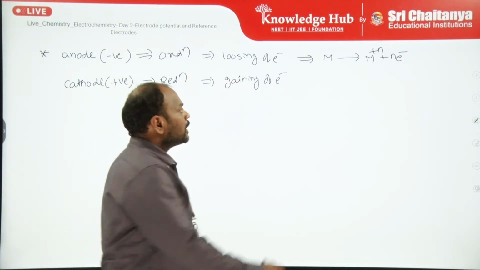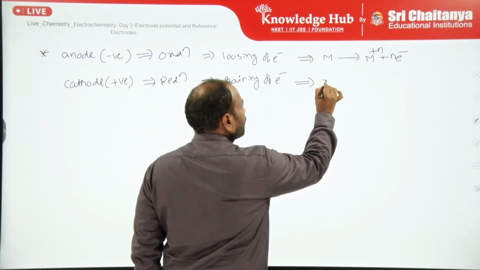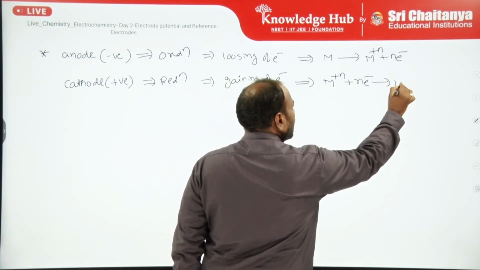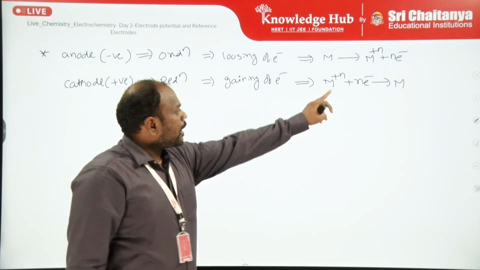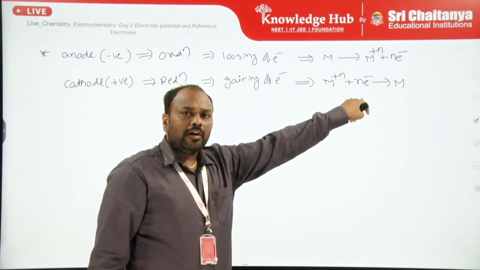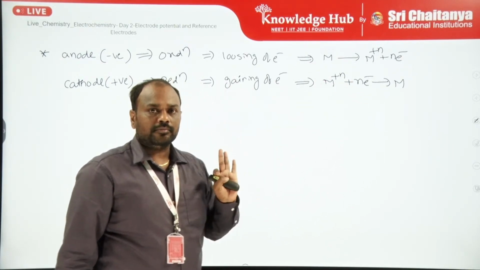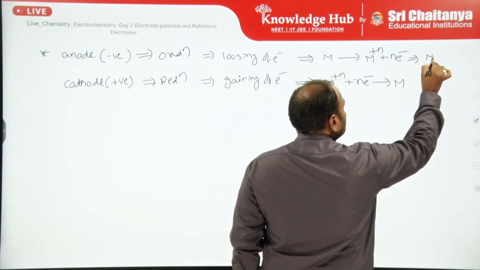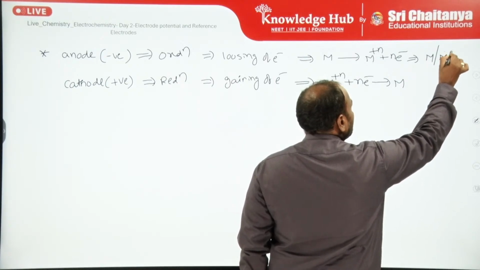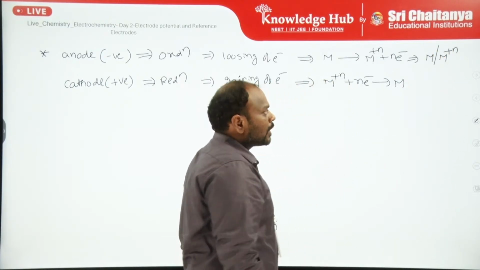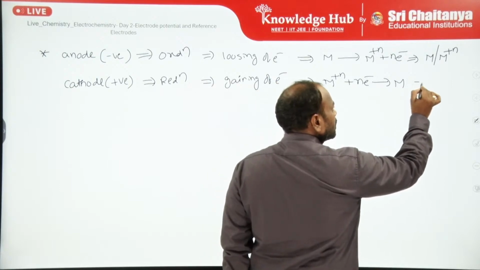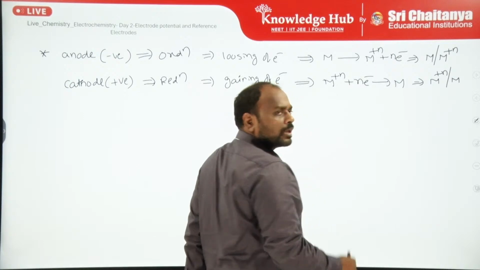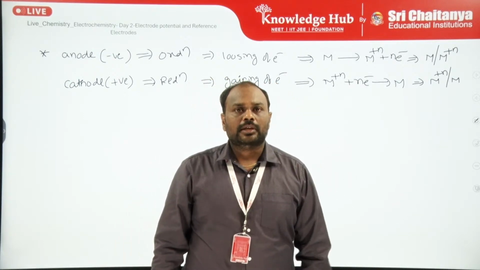Oxidation reaction. Next, reduction means M^n+ gains the electrons, then turns to M. Here electrons are gained. Gaining of electrons is known as reduction. Now, this is represented as M turns to M^n+, whereas in the second one, M^n+ turns to M. Both are different. Like this we represent them.